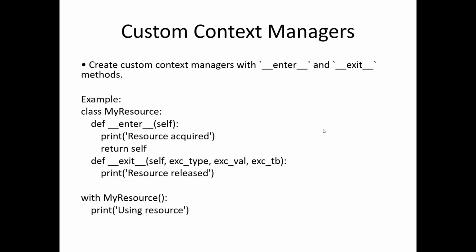Custom context managers: we can even build our own context managers using the enter and exit methods, like class MyResource. This pattern is useful when we are managing resources other than files, like network connections, database sessions, or temporary logs.